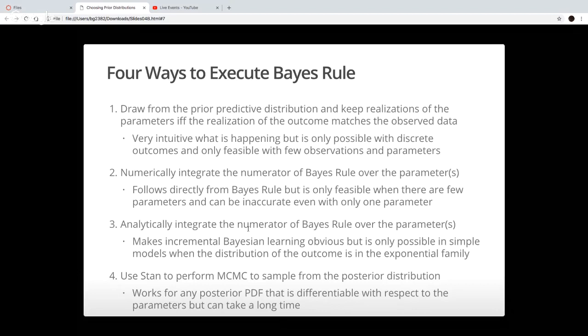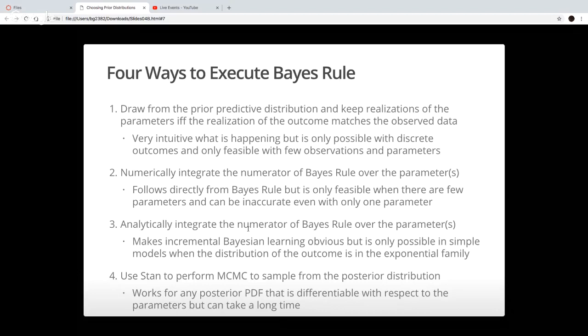Another thing that we've done 2 or 3 times now is to write the numerator of Bayes' rule either with or without the constants, preferably without because it's easier and it's equivalent, and numerically integrate the numerator of Bayes' rule in order to get the denominator of Bayes' rule using the integrate function in R, which is effectively using little trapezoids.